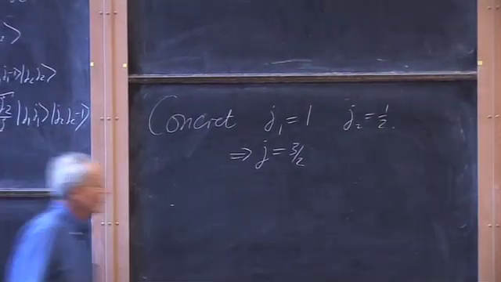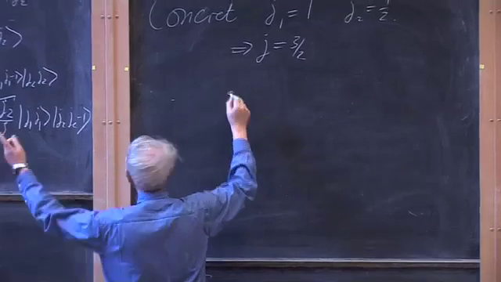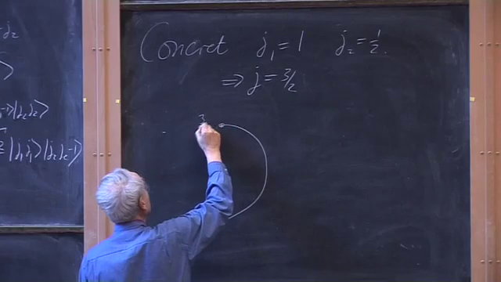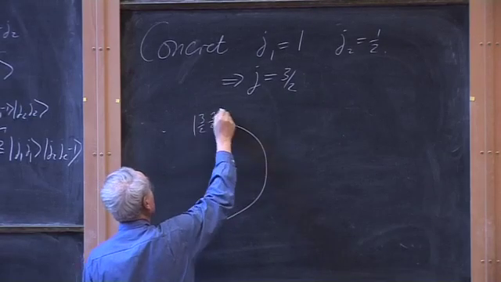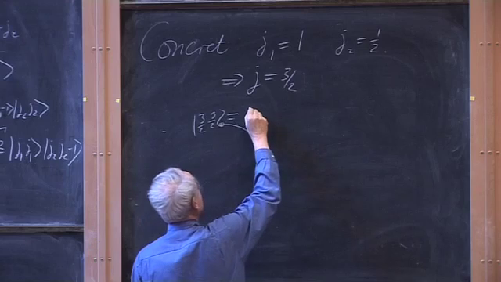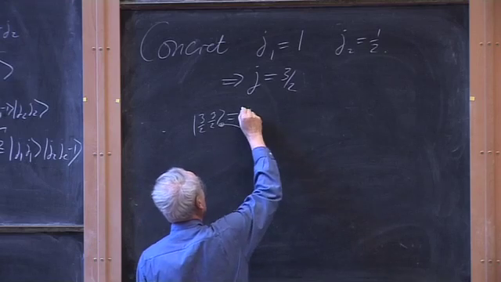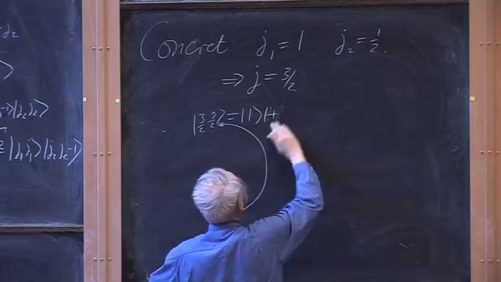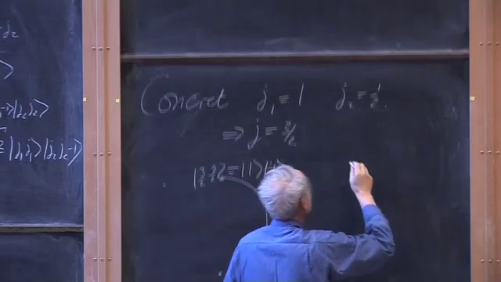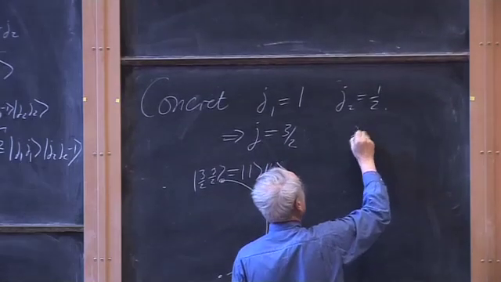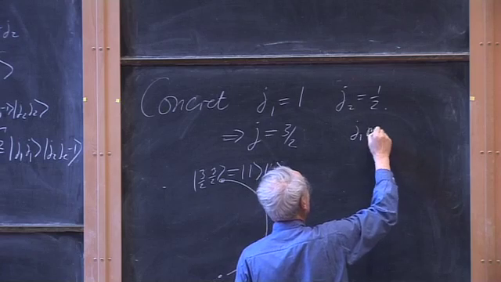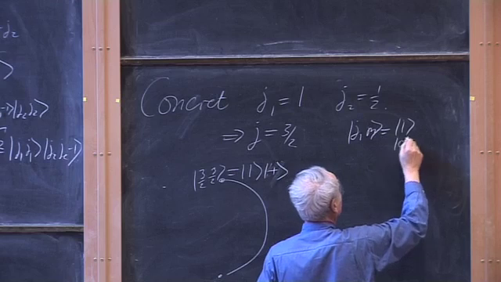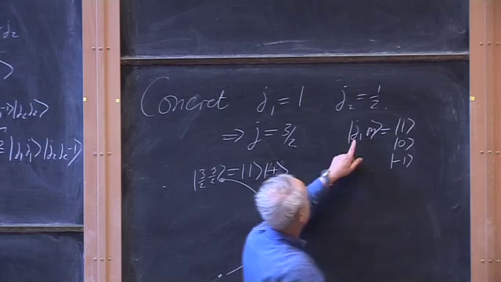And we're going to have a diagram now that looks like this. So that was all in general. Now we can say more concretely what we're going to have. We're going to have 3 halves at the top here, which is going to be the same as 1, and plus. So you're using a shorthand notation here, right? So I've got that J1 m is now going to be objects like 1, 0, and minus 1, because there's no need to write this down.